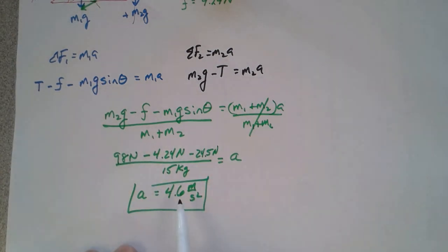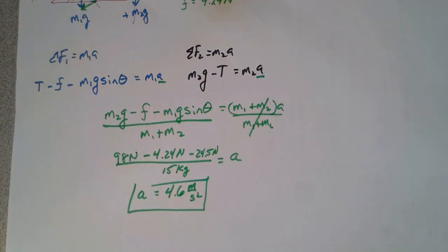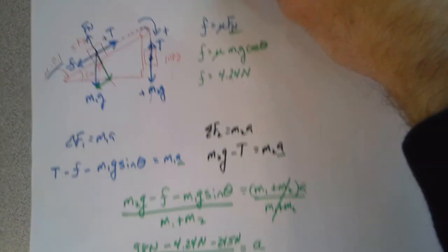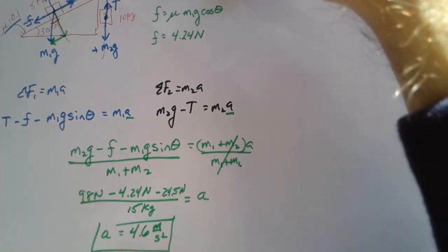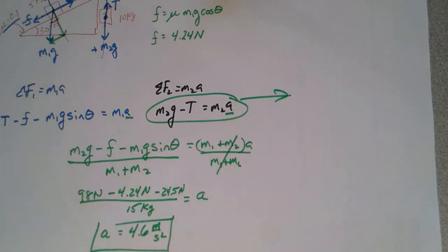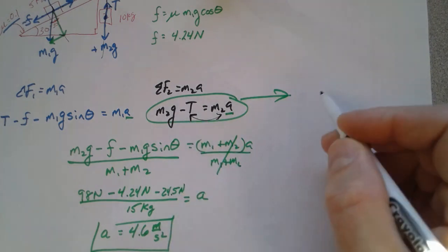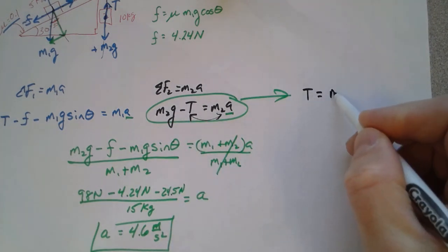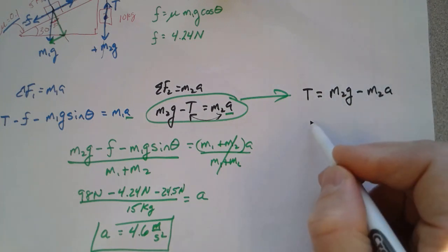The next thing we do is plug this acceleration back into one of our original free body equations. From our two objects, pick the one that looks easier to you. I'm picking this one and moving it over here. I'm going to manipulate this for tension, so I'm going to flip these two. So that tension is going to equal m2g minus m2a.